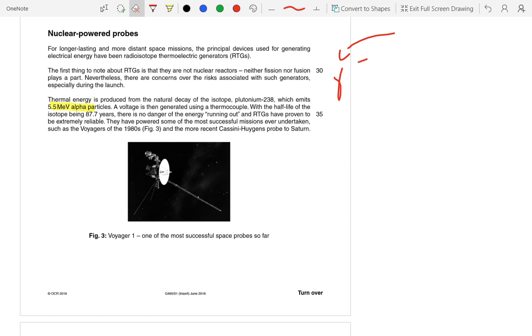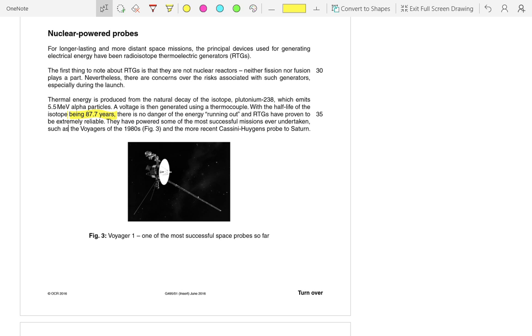It can obviously ask you other stuff with the kinetic energy. It could give you its mass and ask you how fast it's going, what its momentum is, things like that, and you should be able to use the typical equations to work that out. But the most important part is probably when we get to the half-life, being 87.7 years.